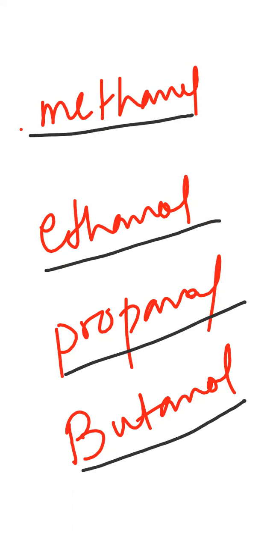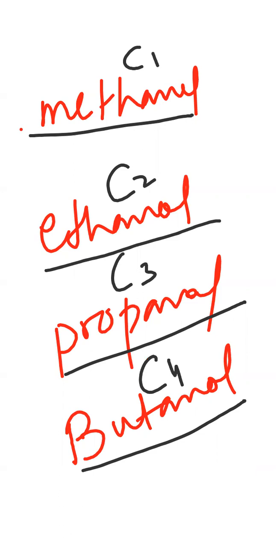But there is one thing. Methanol contains 1 carbon, ethanol 2 carbons, propanol 3 carbons, butanol 4 carbons. You can see we are increasing the number of carbons in the chain, so the boiling point will increase.